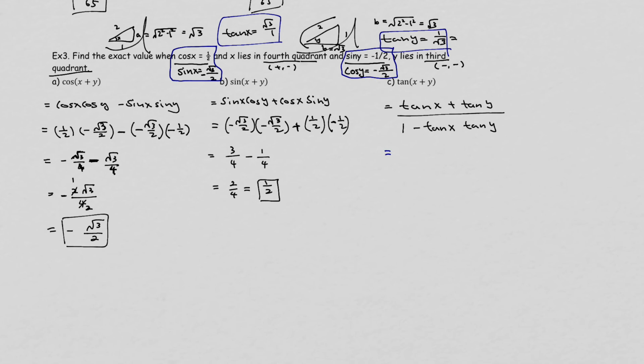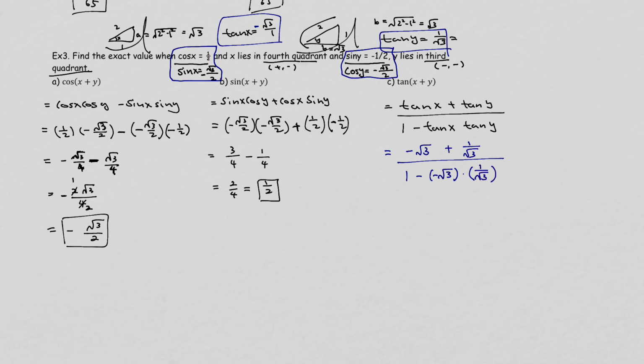We need to get the sign. So if it's a 4th quadrant, tangent is negative. If it's 3rd quadrant, tangent is positive. So this is going to be negative square root of 3 plus 1 over square root of 3, over 1 minus tangent x times tangent y.